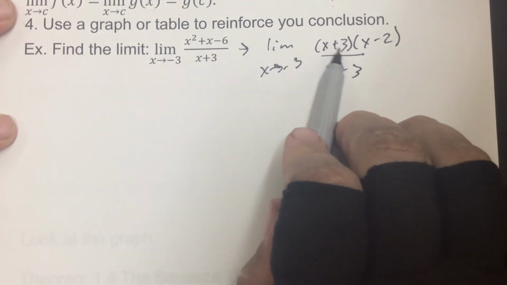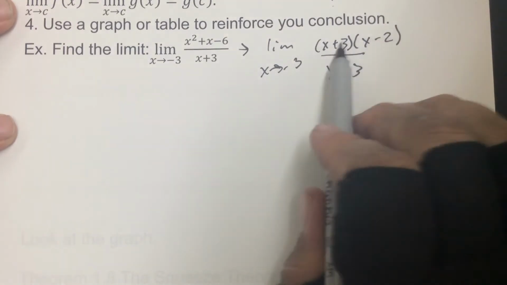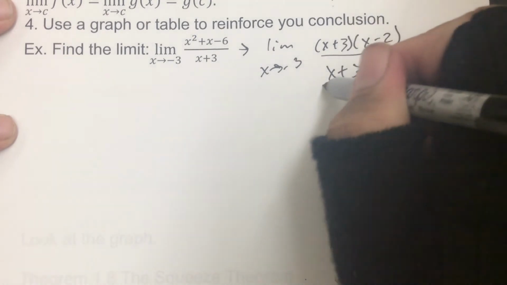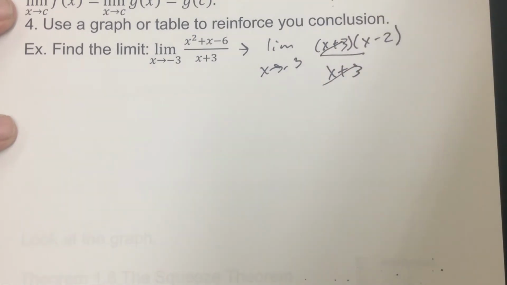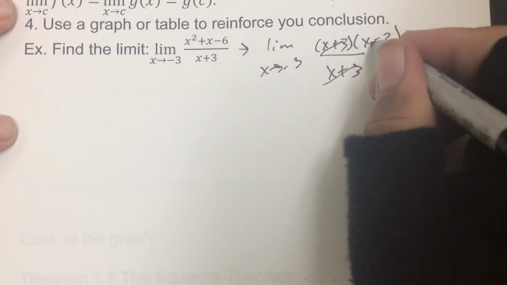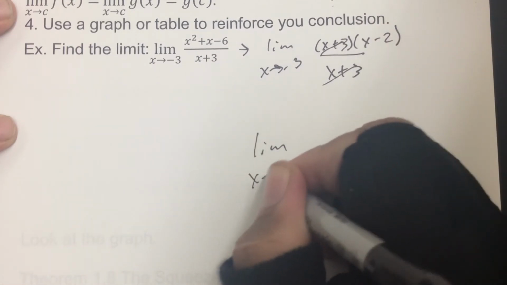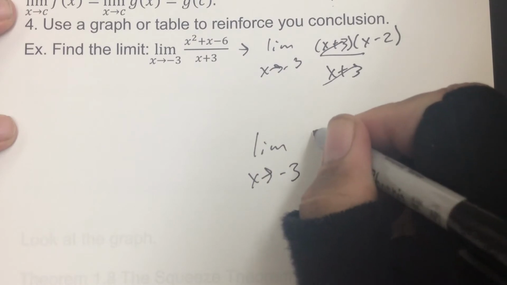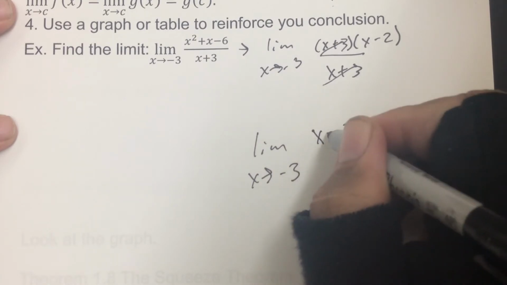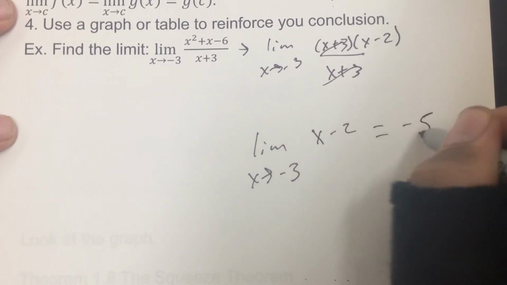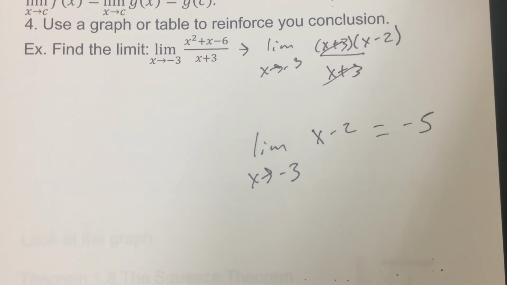So again, 3 is positive because we got a positive middle, so the bigger number is positive. Now we can cancel these x plus 3's out. And so if we put a negative 3 in here, negative 3 minus 2. So let me write this out. The limit as x goes to negative 3 of x minus 2, negative 3 in there, leaves us with a negative 5.